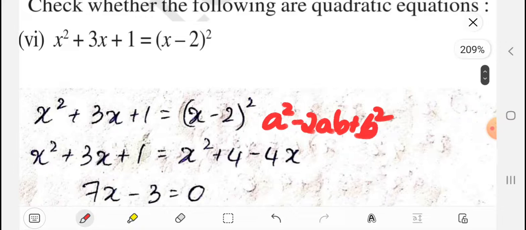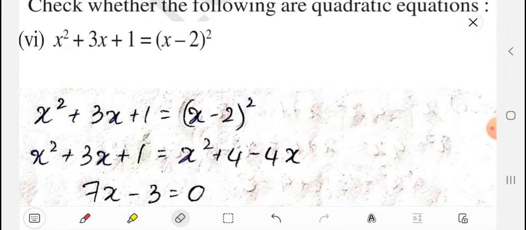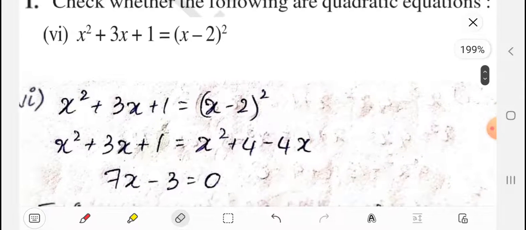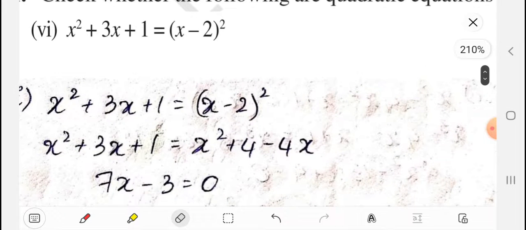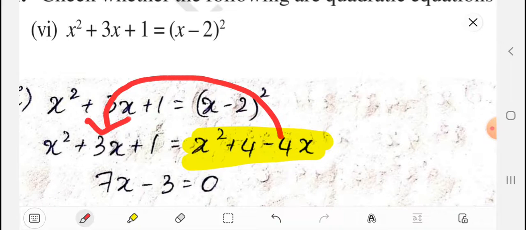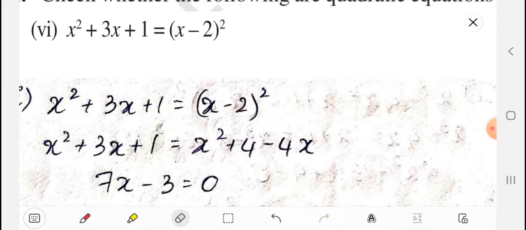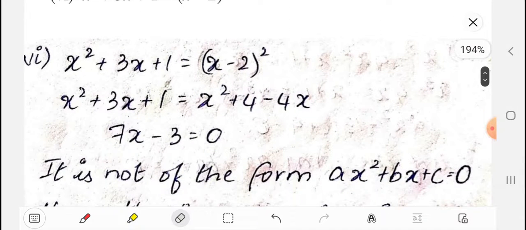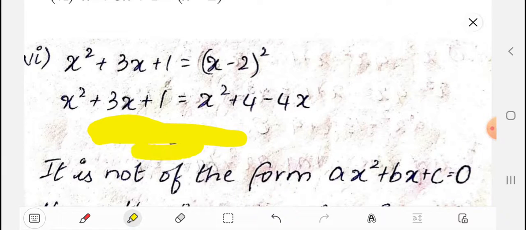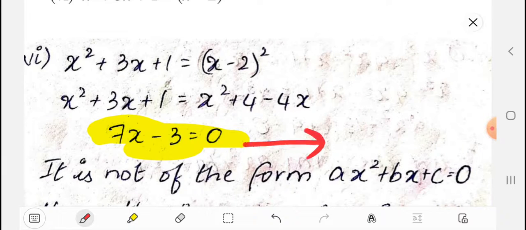Write the simplified version. Once it is written, bring the RHS terms onto the LHS. After getting into LHS, we get this as the expression.